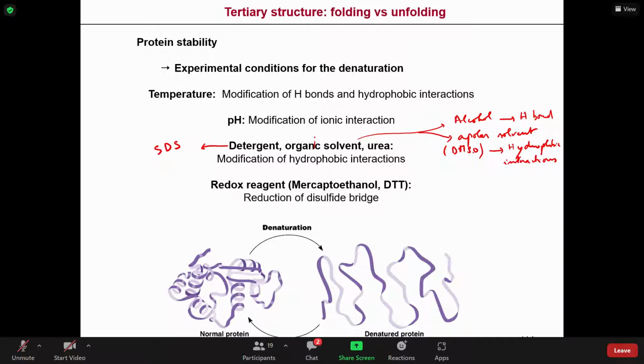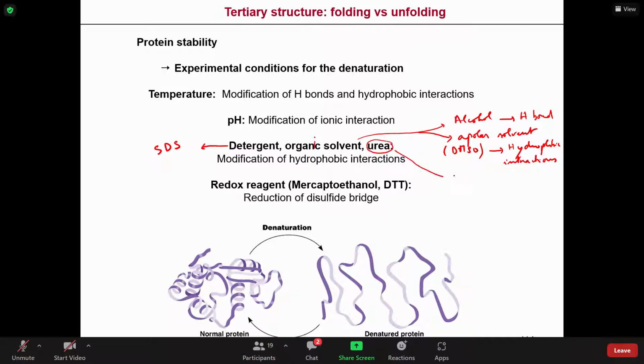So that's why usually the drugs are hydrophobic, and to dissolve the drug, we use an organic solvent, usually DMSO or alcohol. But the percentage of DMSO or alcohol should be low when we study the interaction between the drugs and the protein, because if you use a high concentration of DMSO or alcohol, you will disrupt the protein and then denature the proteins.